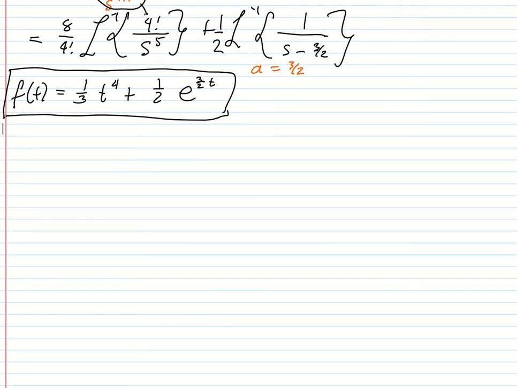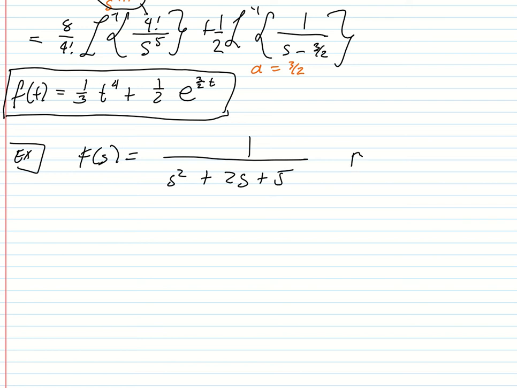Then another example. What if we have this function, f of s equals 1 over, we have a quadratic function at the bottom, s squared plus something s plus 5? Determine f of t.